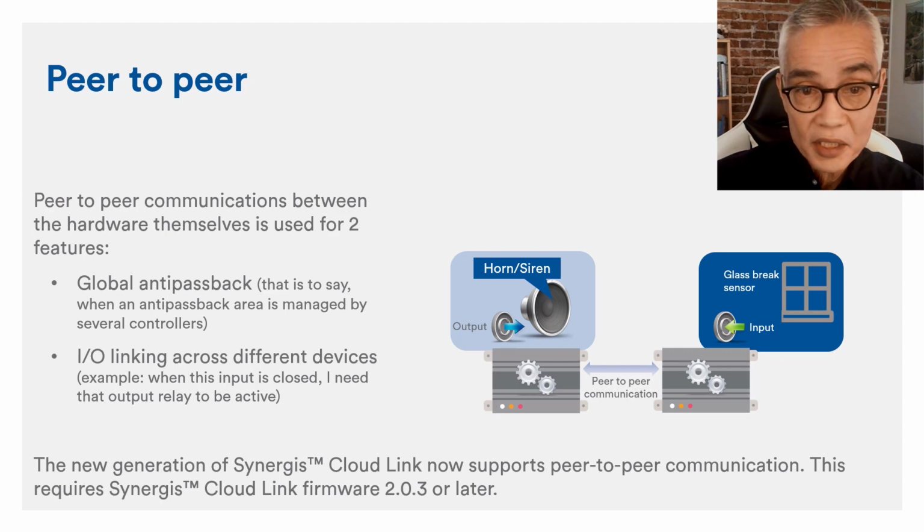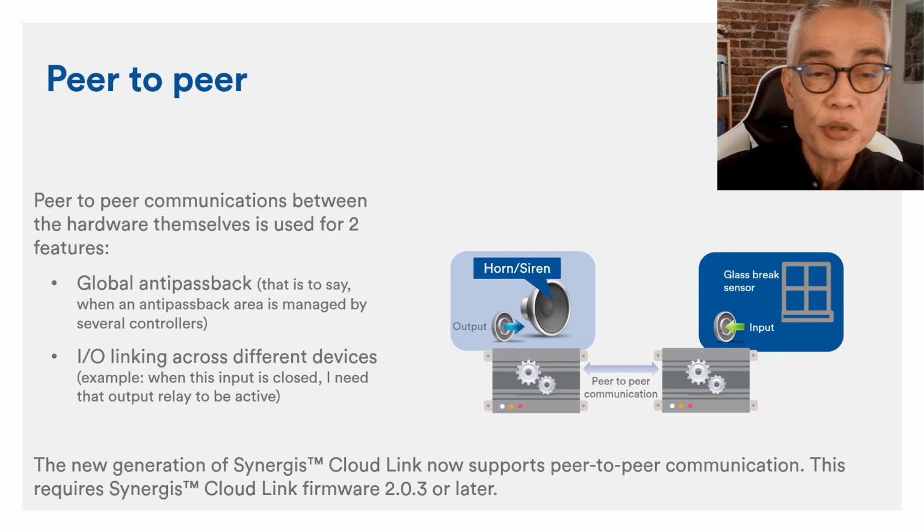For example, when this input is closed, I need that output relay to be active. This feature isn't new, but what is new is that the new generation of Synergis Cloud Link now supports this peer-to-peer communication. This requires Synergis Cloud Link firmware 2.0.3 or later.